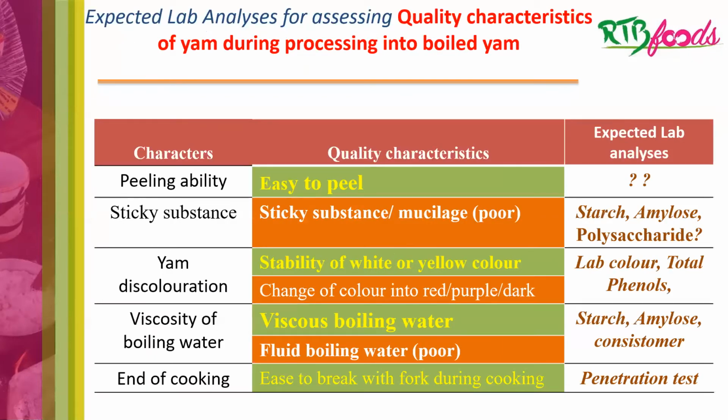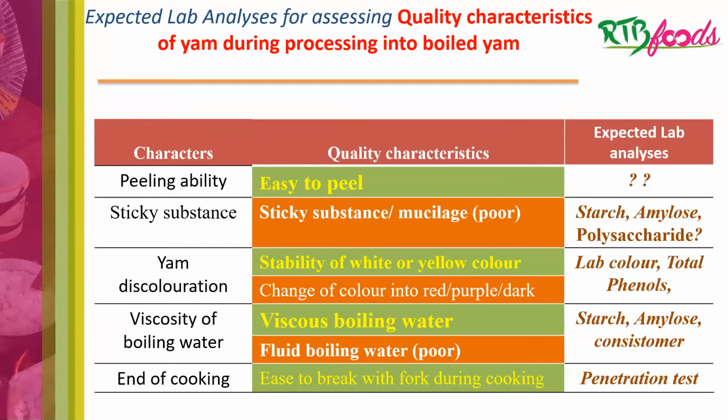As far as the quality characteristic of yam during processing into Boyan is concerning, the probable lab analysis we checked in the literature are shown in this slide. For the peeling ability, we have the easy to peel, we have a sticky substance, stability of color, change of color.